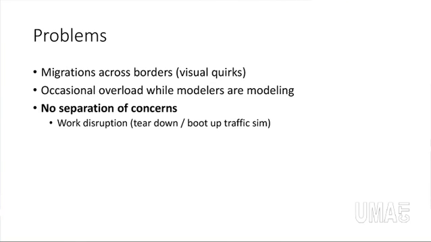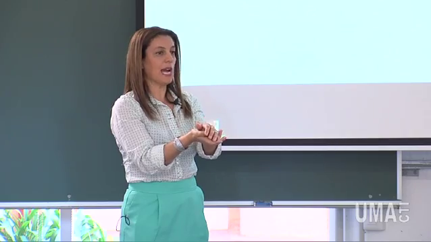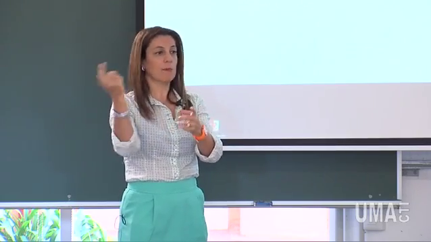There was also the occasional overload while the modelers are modeling, because this is an environment where the modelers can put the 3D models in there, so many people can log into the environment. So by having the traffic going on at the same time, if the traffic was very heavy, or if the modelers were doing something heavy, the load would interfere.